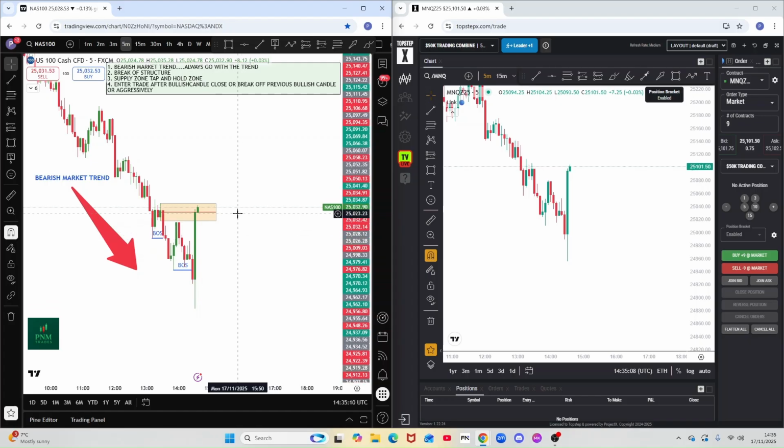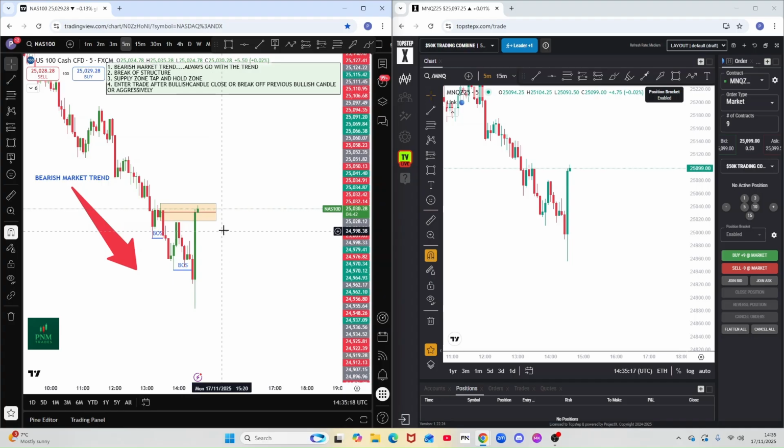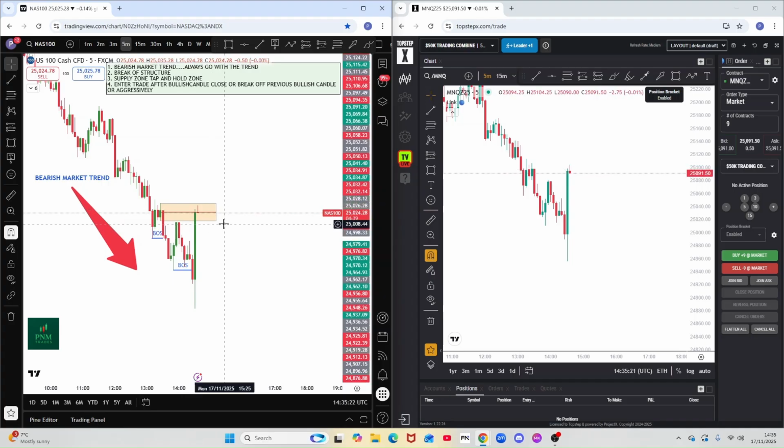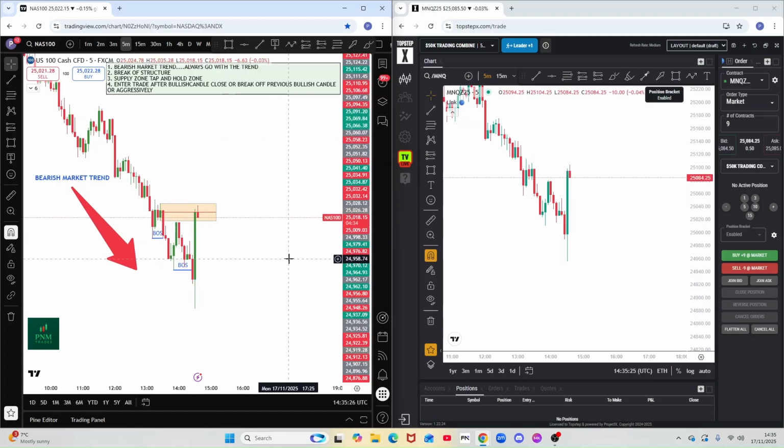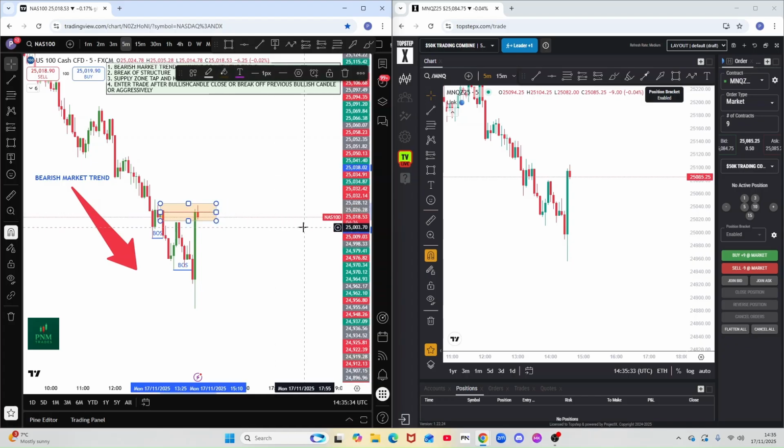We are changing our bias if it breaks that zone, because it keeps breaking the structures. Come on, MNQ. Tell us what to do. Let's wait and see.